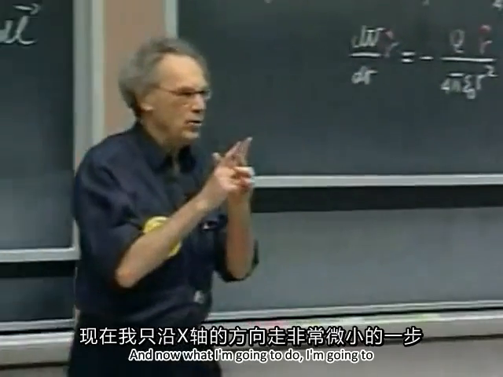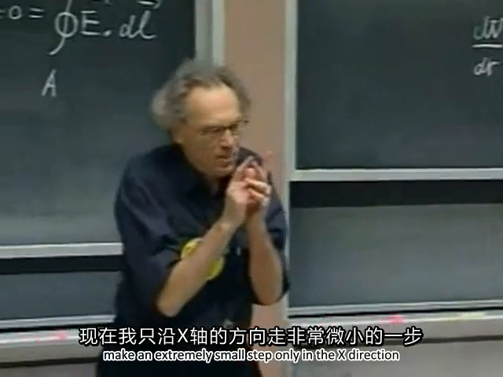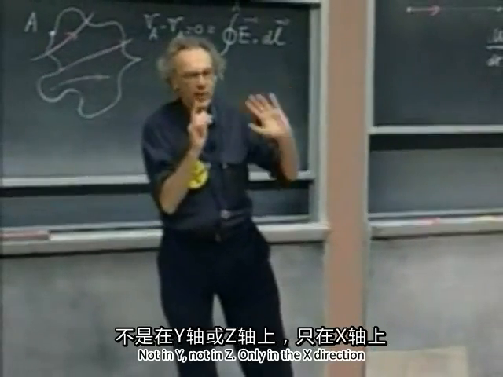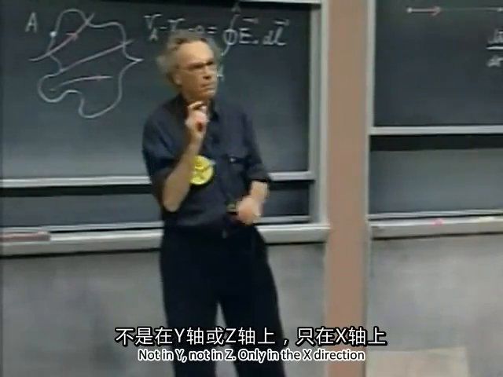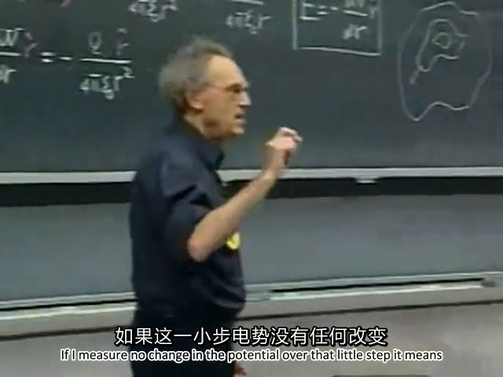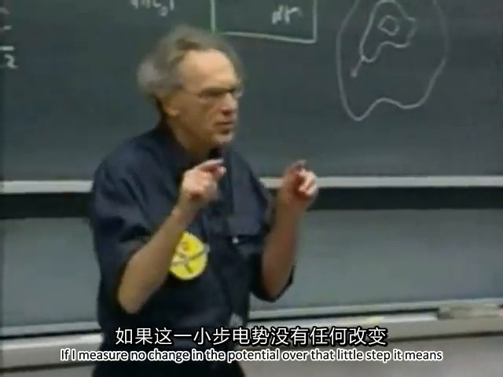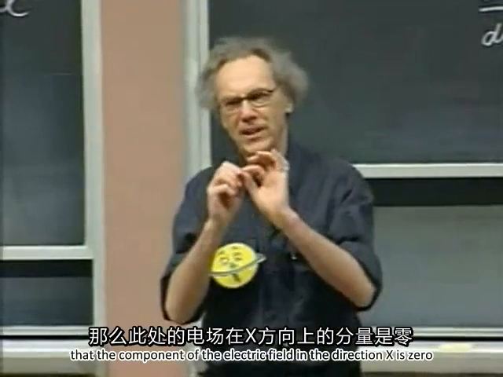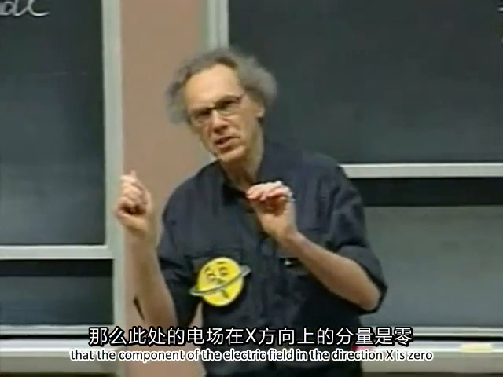And now what I'm going to do, I'm going to make an extremely small step only in the x direction. Not in the y, not in z, only in the x direction. If I measure no change in the potential over that little step, it means that the component of the electric field in the direction x is 0.